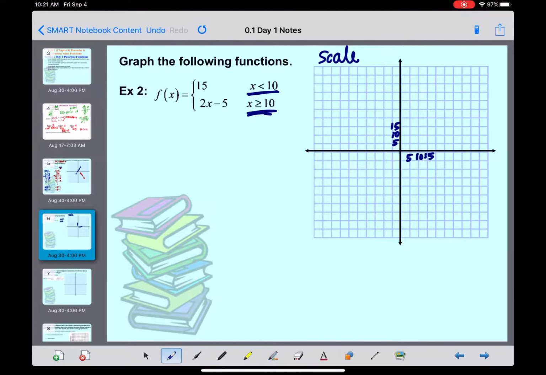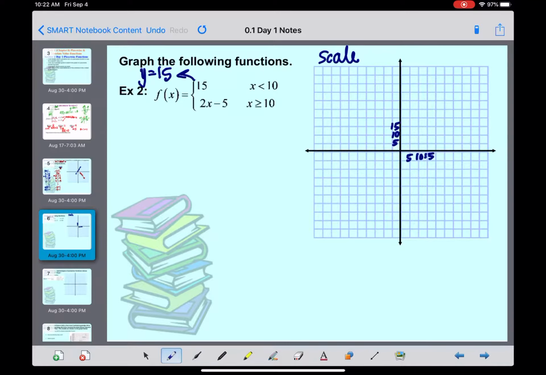Now, what we notice is different on this one is this first equation doesn't have an x. If I were to see that written outside of a piecewise function, that is y equals 15. Now think about what kind of line that is going to be, if my y value is always 15.